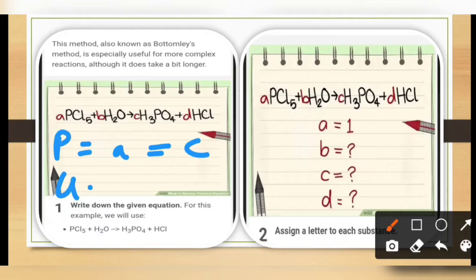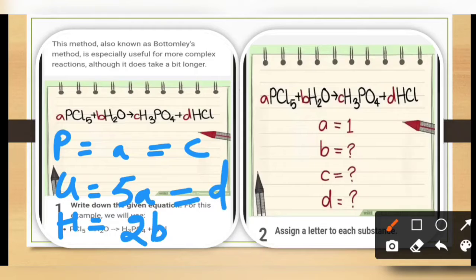Similarly, Cl on the left hand side is 5 in number, so we write it as 5A, and that should be equal to the Cl on the other side, that is D. The numbers should be equal. Next, H: that will be 2B, because whatever we are adding, it is multiplied with B. And it should be equal to 3C, because there are 3 here, plus D. Why?